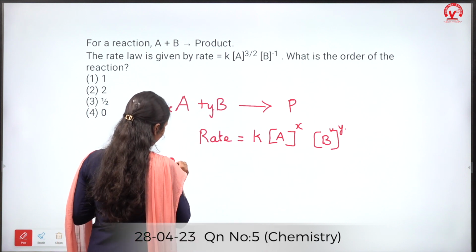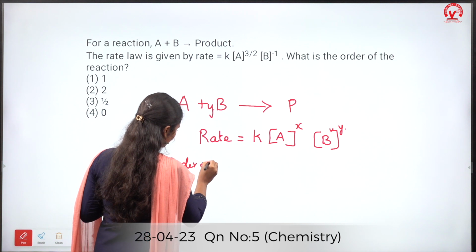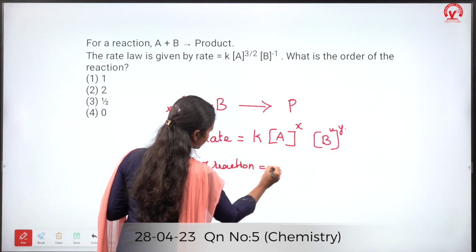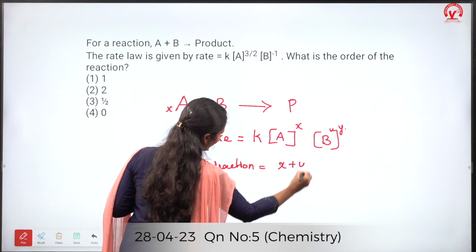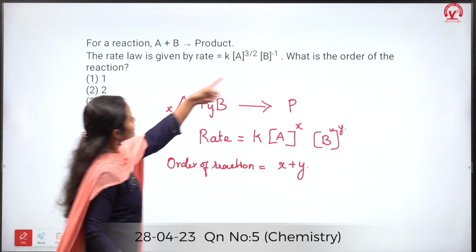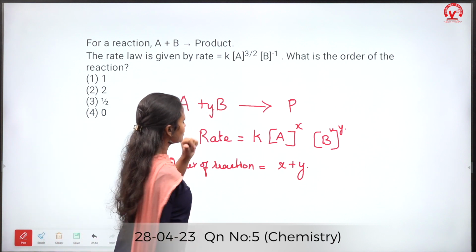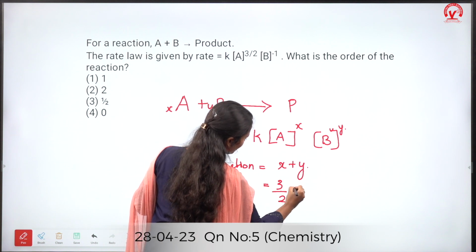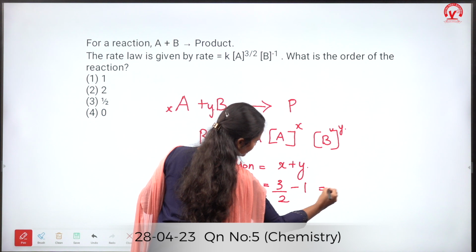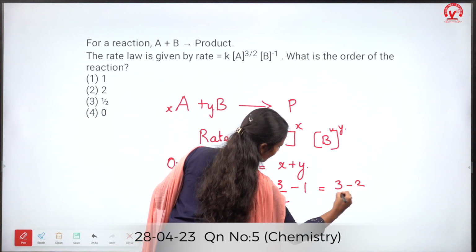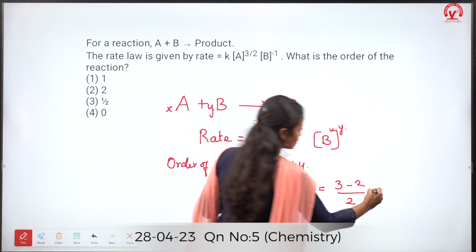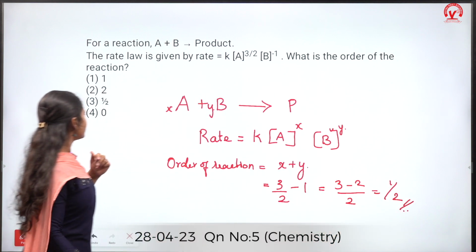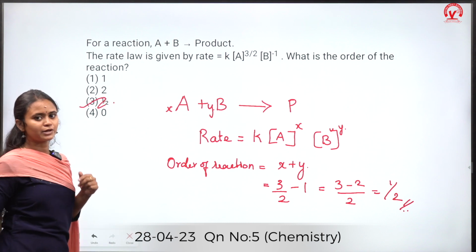The order of reaction is calculated by x plus y. Here they have given 3/2 and minus 1. So 3/2 minus 1 is (3 minus 2) by 2. The order of reaction is 1/2. So the correct answer is option 3, 1/2.